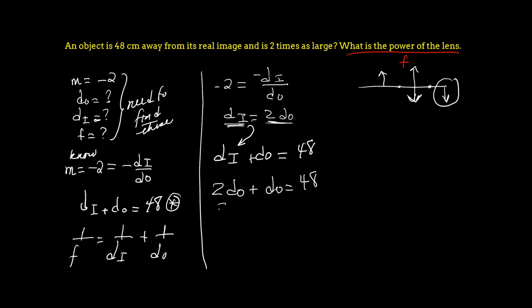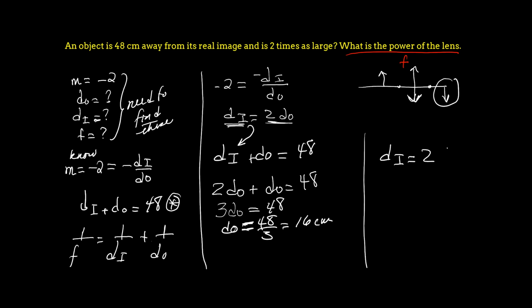Here we have 3DO is 48. Then DO is 48 over 3, or 16 centimeters. Great. Now we know what DO is. We can easily find what DI is. DI is twice DO, or 2 times 16, or 32 centimeters.